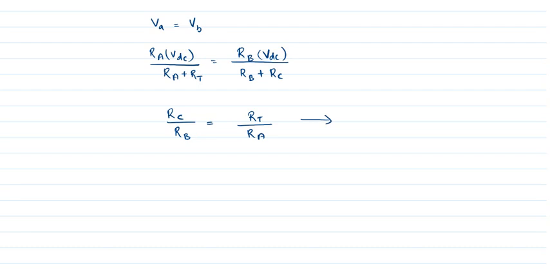This is equation number 1, equation number 2, and this is equation number 3. Generally, resistors RA, RB and RC are selected so that they are equal in value to the transducer resistance RT at some reference condition.